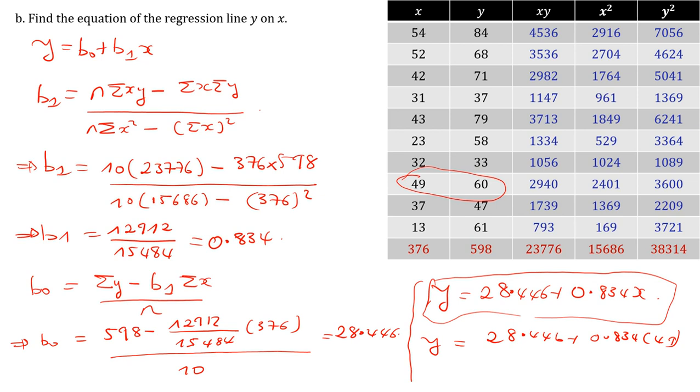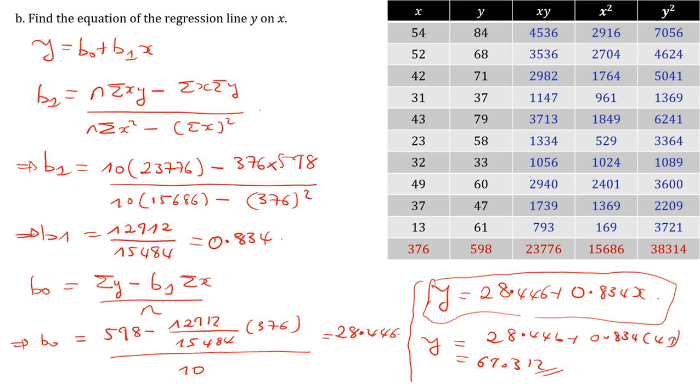So it gives us 69.312, and you see here that we have 60. The reason is simply because the relationship between both variables is not that strong. Now there are some other points that will give you a closer value. For example, let's check 13, 61.